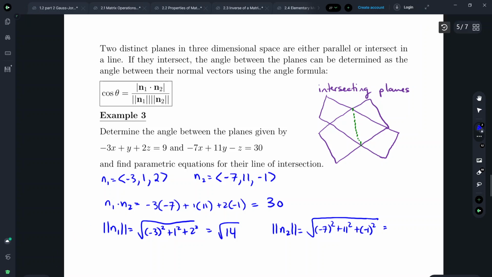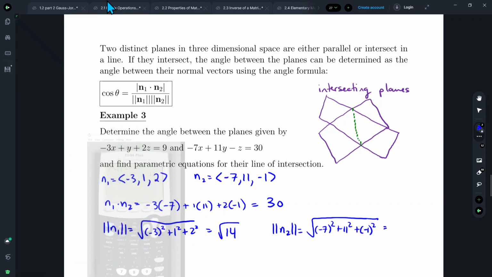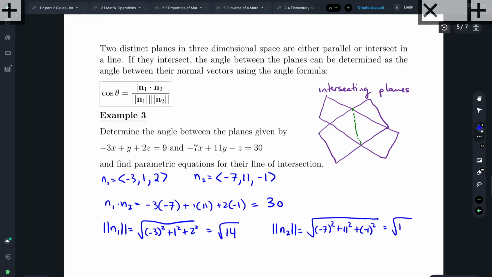We're squaring them, so it doesn't matter whether it's positive or negative. So 7 squared plus 11 squared plus 1 squared, and 1 squared is just 1. So you get 171. So this is square root of 171.